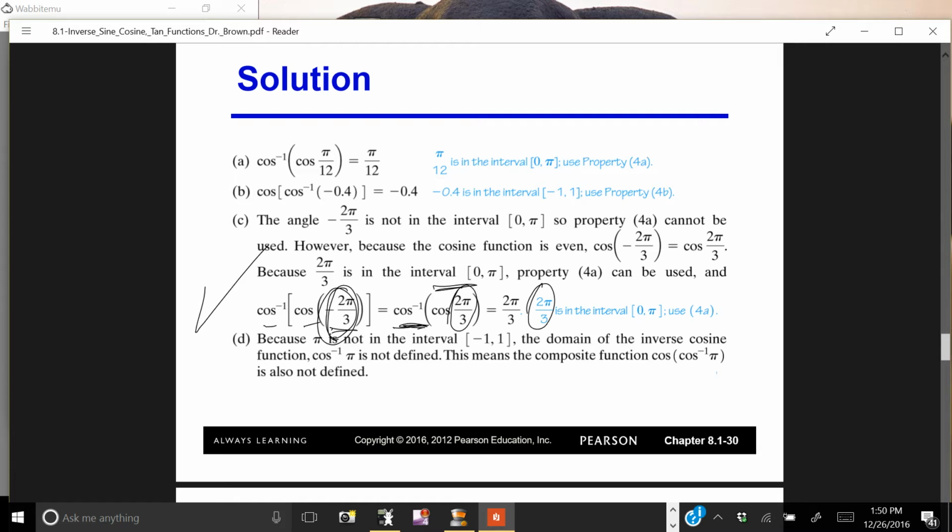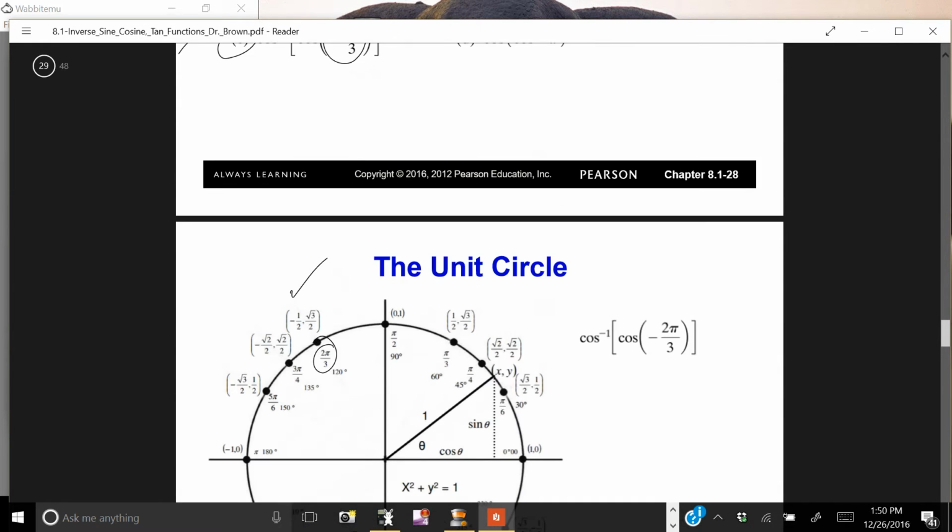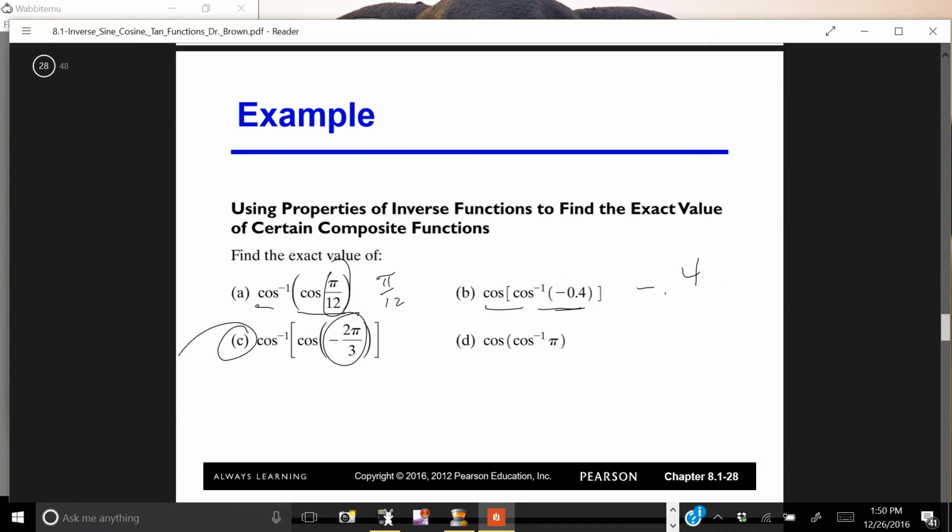Now finally, look back at the last one. We're trying to find an angle whose cosine is pi, which is about 3.14. Note that cosine has to be between 1 and minus 1.